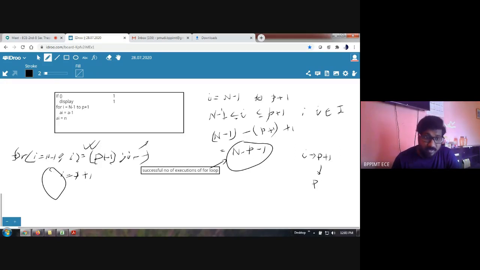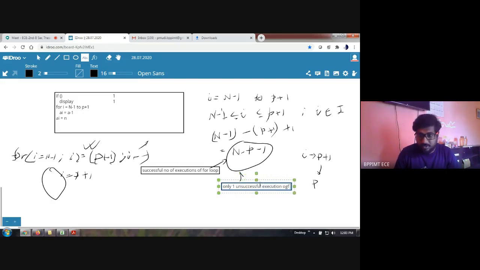So for that single unsuccessful execution of the first for statement, that is also one execution. The conditional statement is being executed, p greater than or equal to p plus 1, and that becomes false. That's one unsuccessful execution of the for loop.